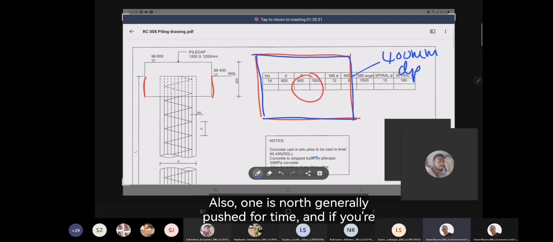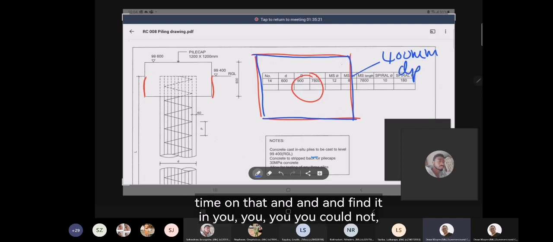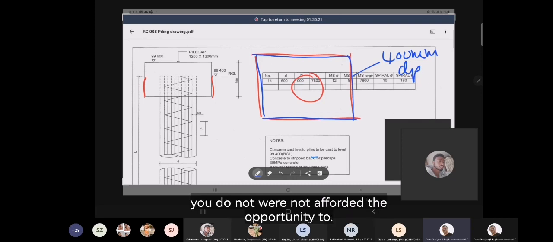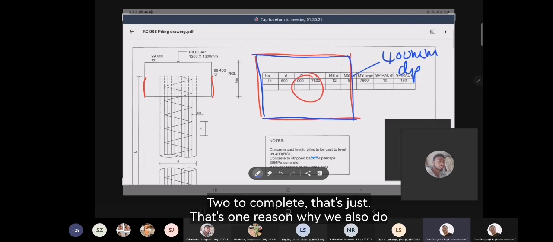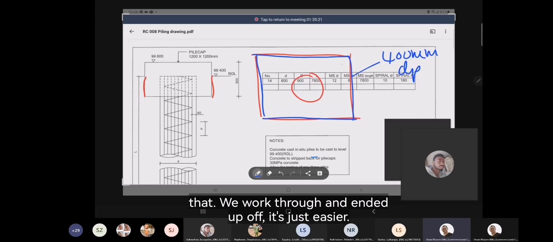Also, one is generally pushed for time, and if you're going to have to spend the time in deducting those and in order to arrive at the net height and so on, you might spend a lot of time on that and find that at the end you were not afforded the opportunity to complete. So that's one of the reasons why we also do that. We work through and deduct off. It's just easier.